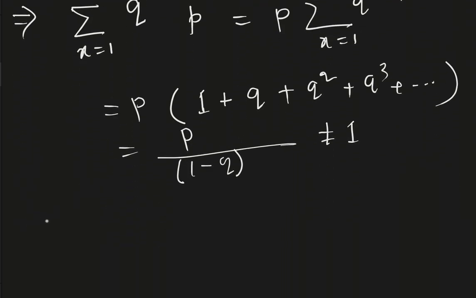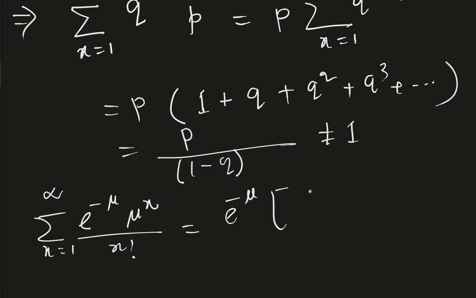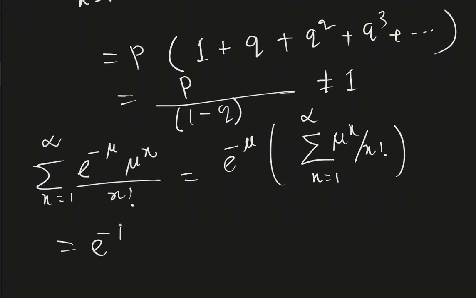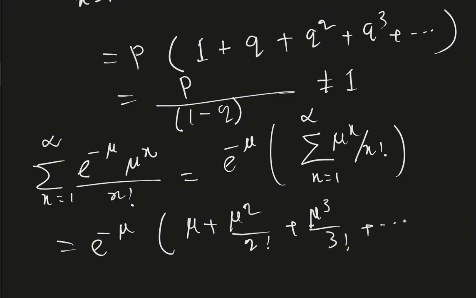Now let's move toward option B. The summation of x equal to 1 to infinity of e to the power minus mu times mu to the power x by x factorial, so e to the power minus mu times the summation of mu to the power x by x factorial from x equal to 1 to infinity, which is mu plus mu square by 2 factorial plus mu cube by 3 factorial and so on.